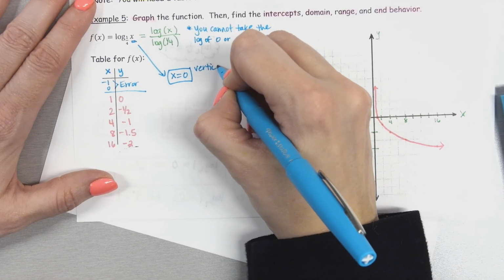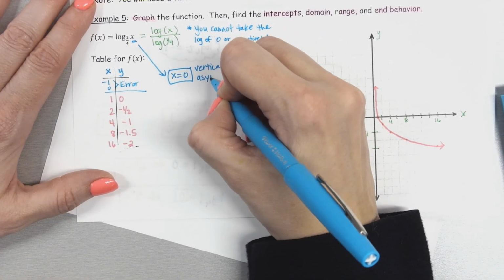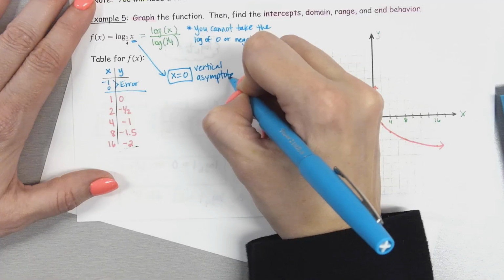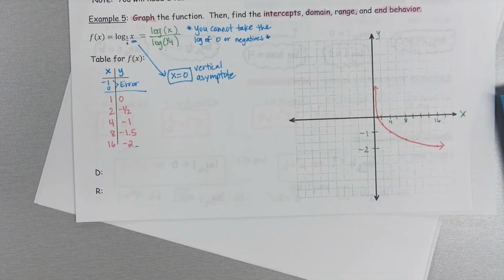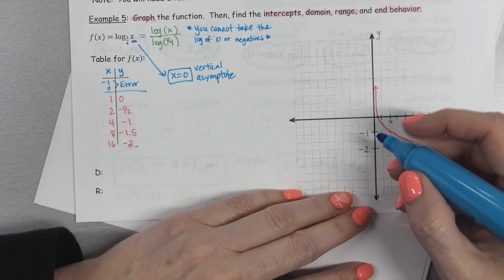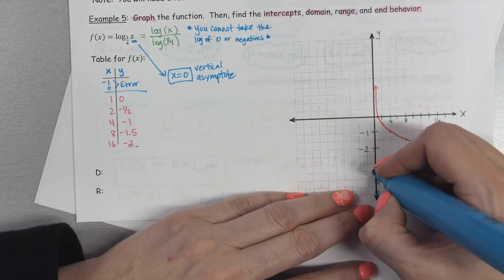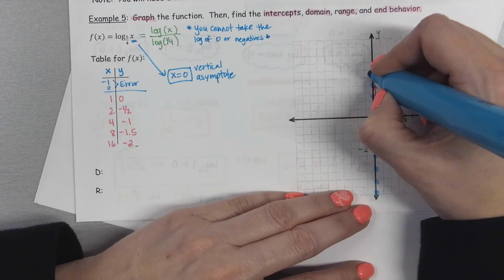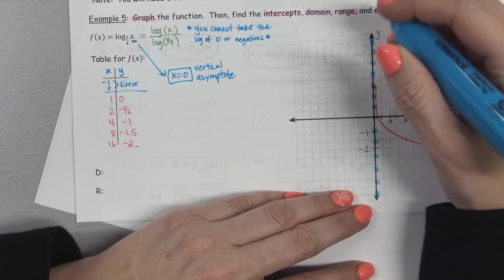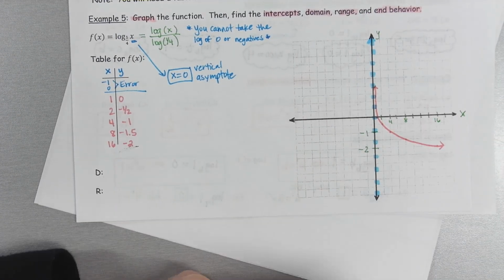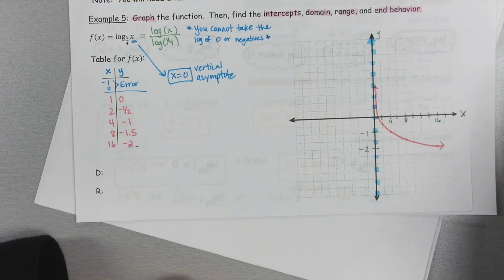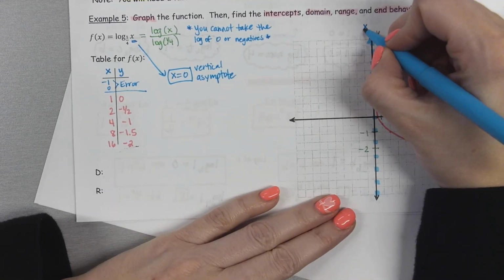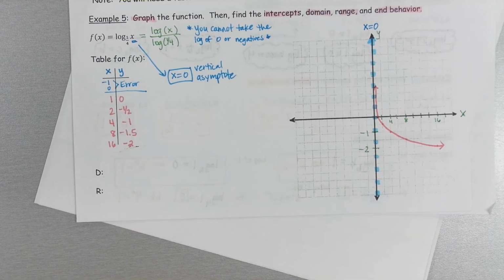This is going to be the vertical asymptote, and we're just going to put that in there with a dash. So remember that your asymptote is a dashed line that shows you that it's not part of the curve here, but it is a feature of the graph.